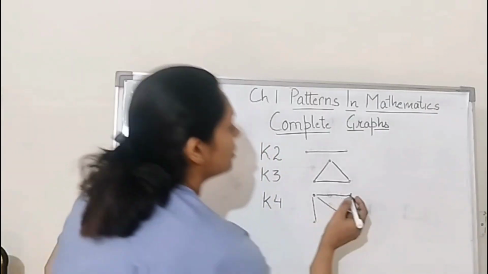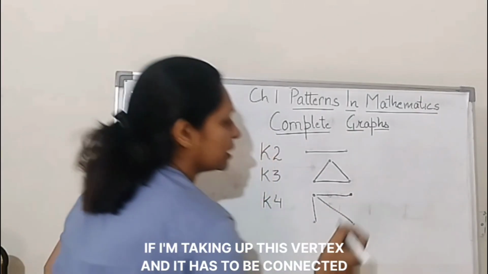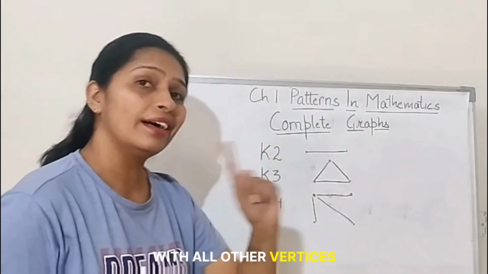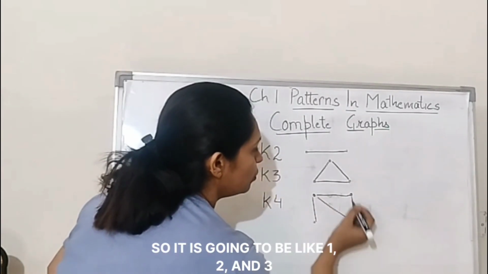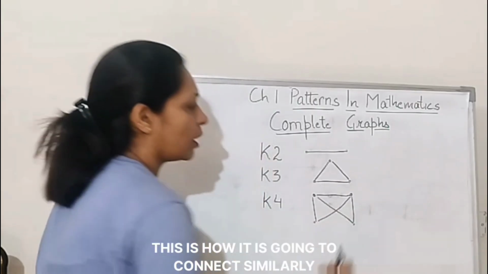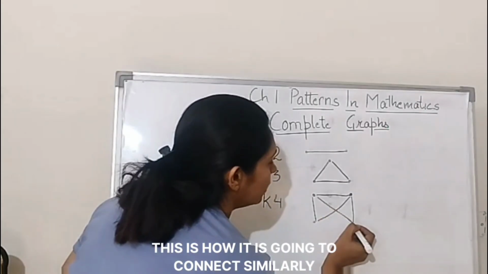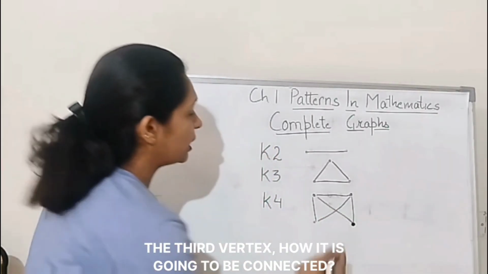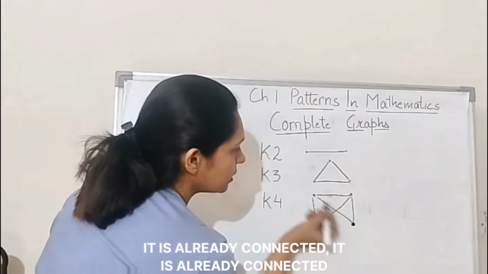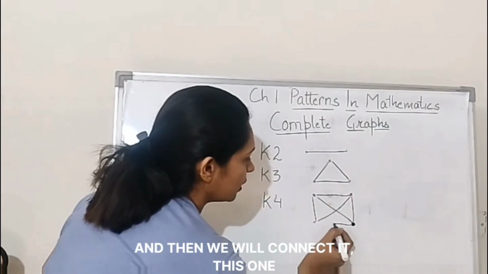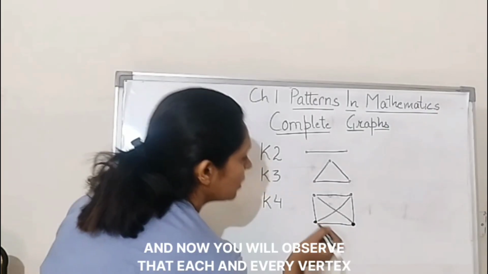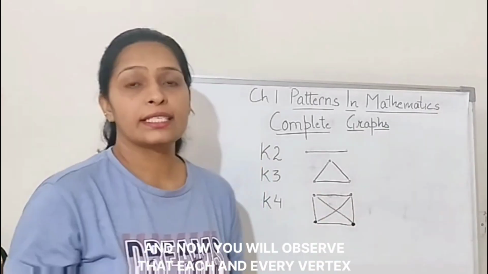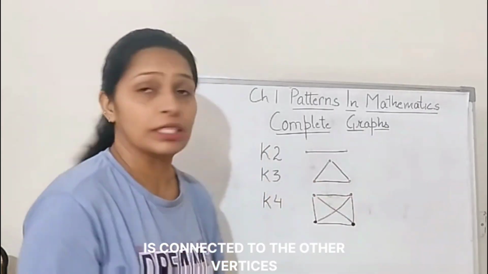Similarly, if I'm taking this vertex, it has to be connected with all other vertices, so it is going to be 1, 2 and 3. This is how it is going to connect. Similarly, the third vertex: it is already connected, it is already connected, and then we will connect this one. And now you will observe that each and every vertex is connected to the other vertices.